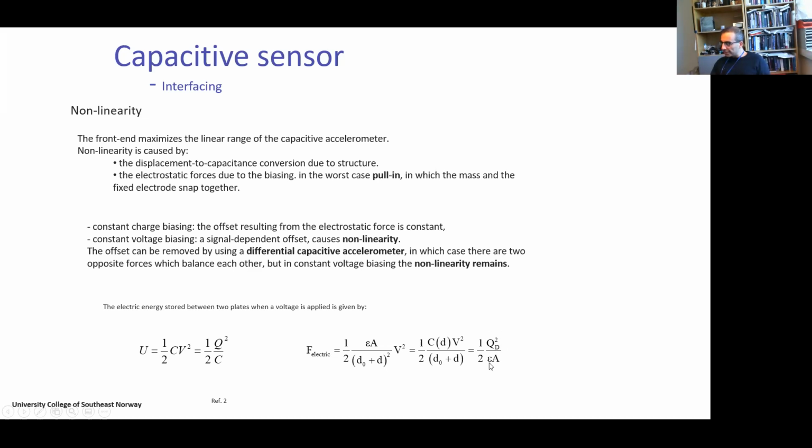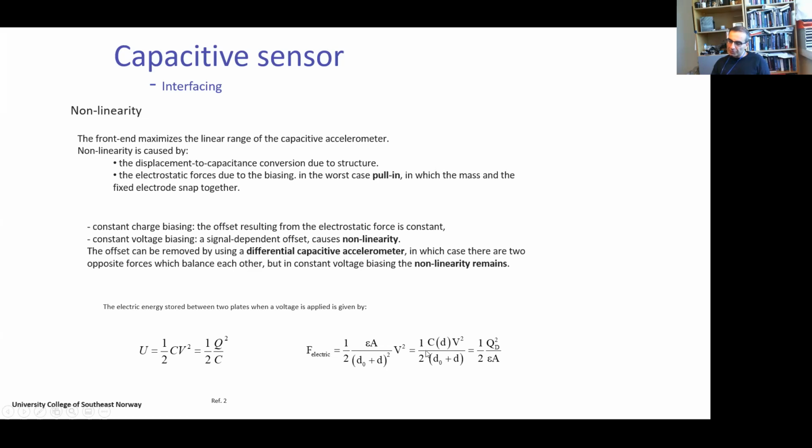We have Q, epsilon and A. But with voltage biasing, the same equation can be rewritten for the voltage, and we see that the distance D comes in and plays a role in the electrical force, which creates a nonlinearity. So the electrical force depends on the distance.